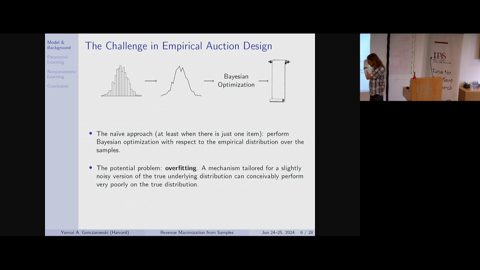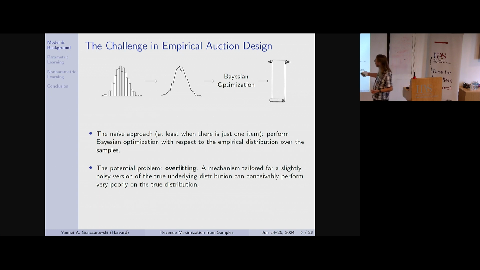The potential problem here is overfitting. That's something we encounter many times in statistical learning and machine learning. The problem is that we need to understand whether a mechanism tailored for a slightly noisy version of the true distribution can conceivably perform very poorly on the true distribution, and at the very least, how can we make sure that it does not?